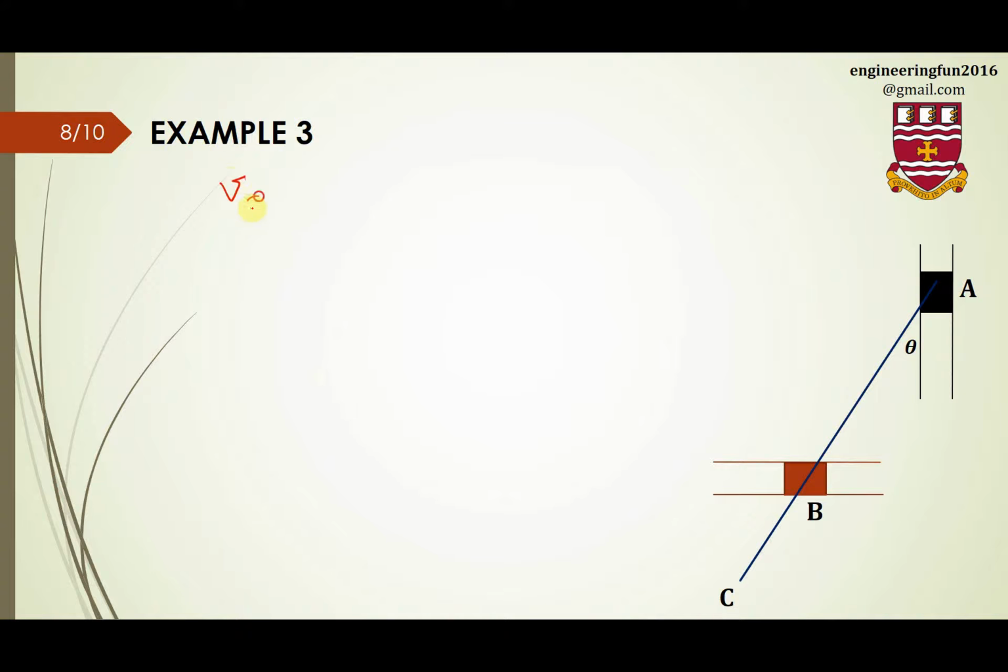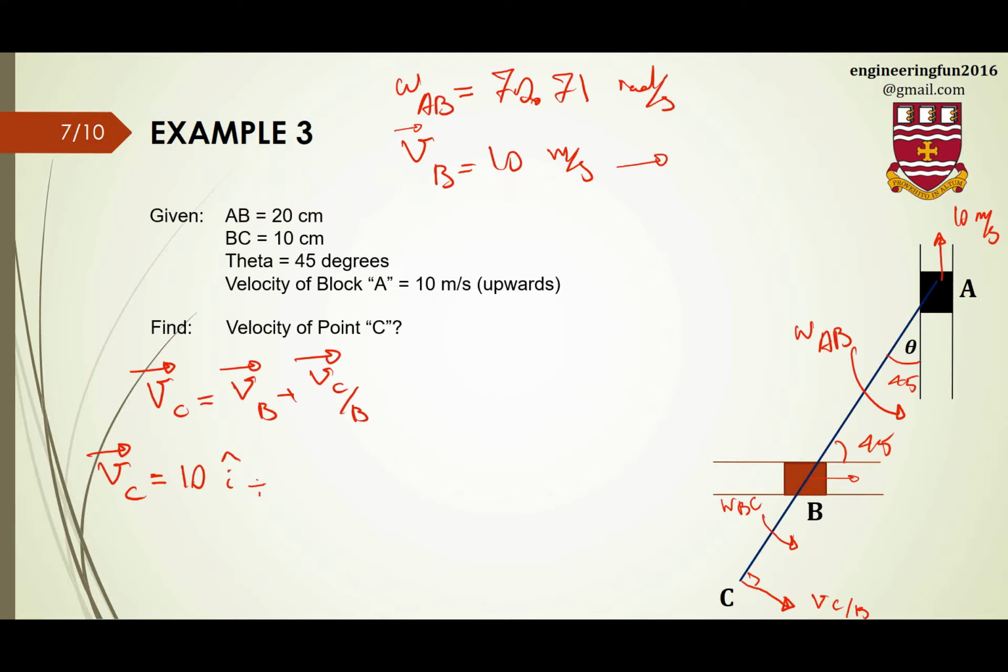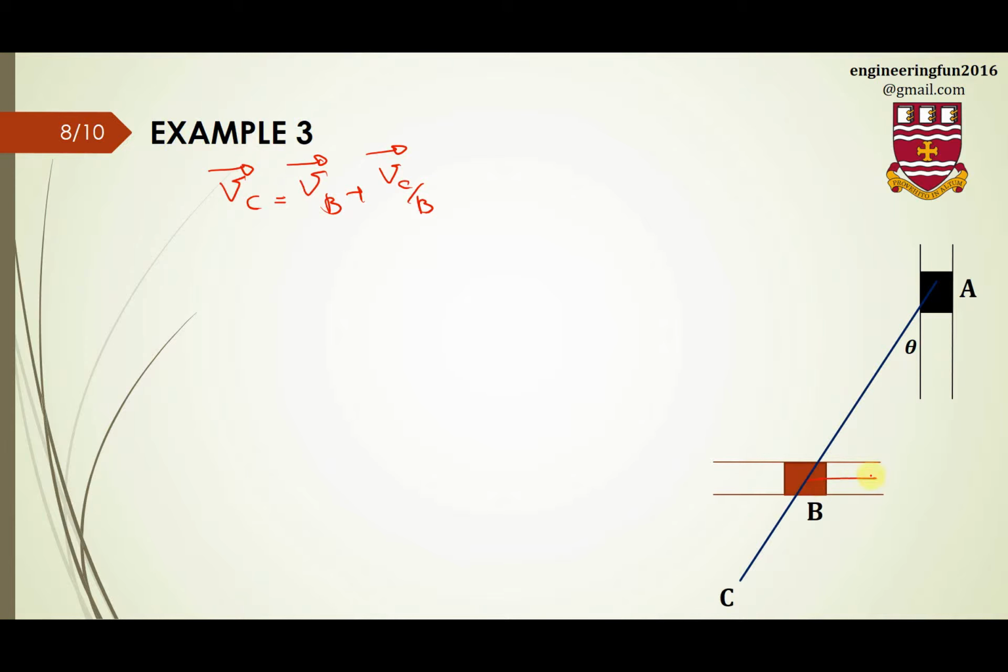So for the velocity of point C, we said that it is velocity of point B plus velocity of point C with respect to B. Here is the velocity of point B, which is 10, and this is omega AB, and this is omega BC, and that one was velocity of point C with respect to B. For velocity of point C, we don't have any information, so I just leave it like that.